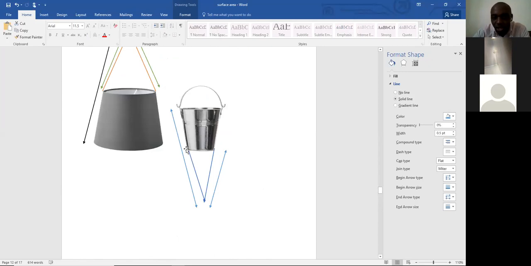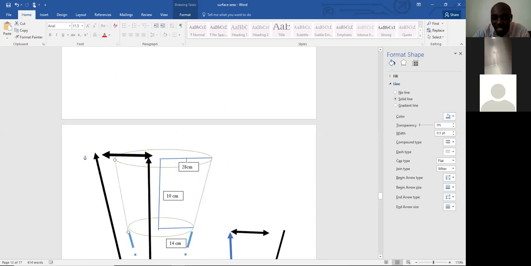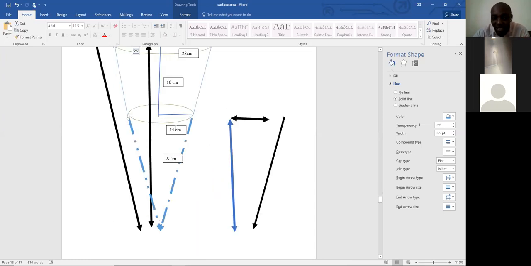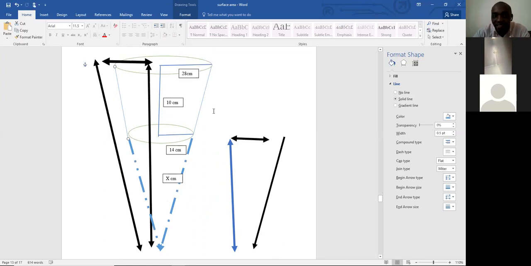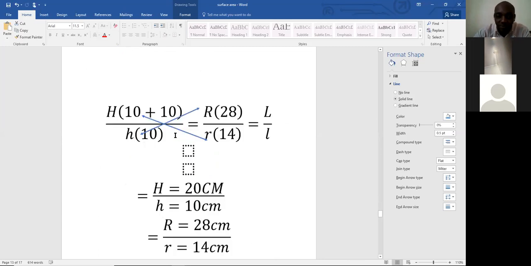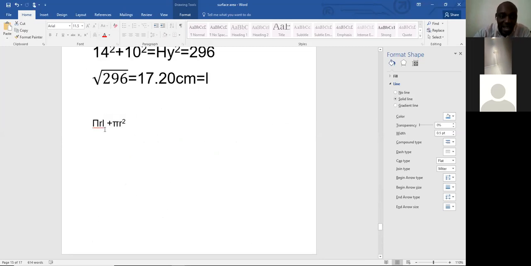But remember, I've not included the area of the bottom because the bottom of a bucket has to be closed. So the bottom of a bucket is circular. So it is a circle. And remember this bottom circle here, its radius is 14 centimeters. So we are going to find the curved surface area of the bucket, and then we add the area of the circular bottom. So in short, we are going to use pi RL plus pi r squared.